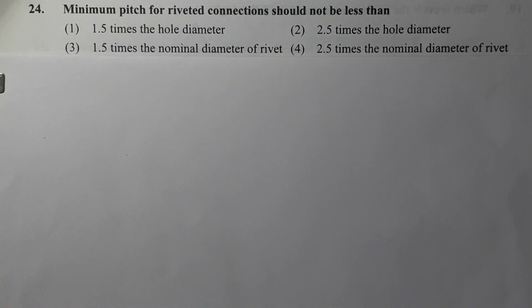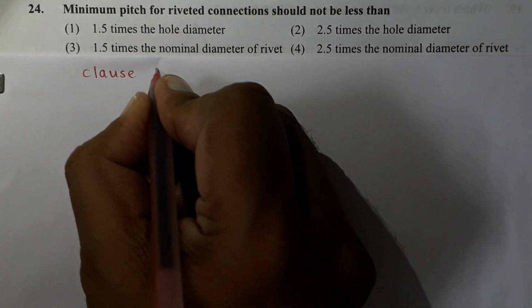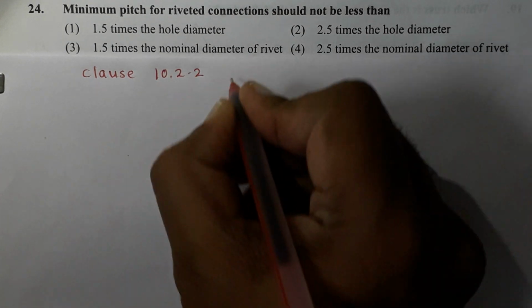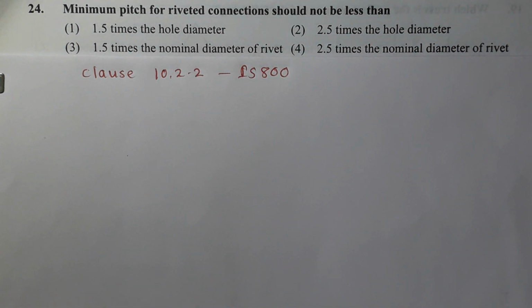Question number 2. Minimum pitch for riveted connections should not be less than, and the 4 options are given. Now in order to have the correct option for this question, we will have to refer to clause 10.2.2 of IS 800. Now according to this clause, the distance between center of fasteners shall not be less than 2.5 times the nominal diameter of the fastener.